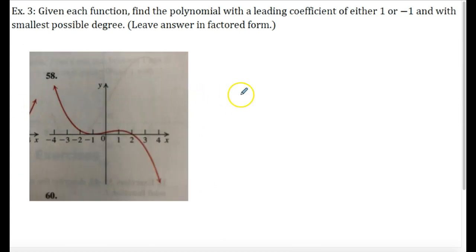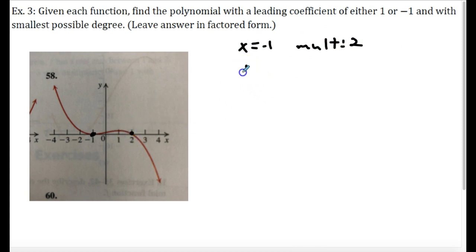So here is the graph of 58. Write a possible function for this graph. If I look at my zeros, I'm at -1, and I'm just touching at -1. So that will have an even multiplicity, and we're going for the smallest even number.